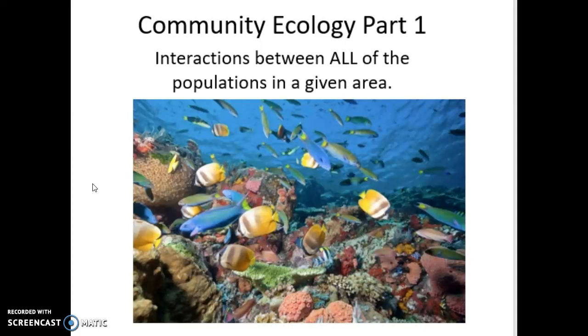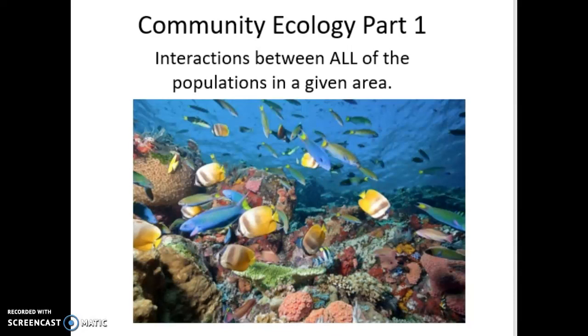A community is all of the populations. It is not just one single population. So when somebody talks about their community, they should be talking about how there are this many people in our community, and we have these jobs and these restaurants and these businesses, and we also have the deer and the rabbit, and if you go to the lake, you can go fishing, and yeah, there's mosquitoes in the summer.